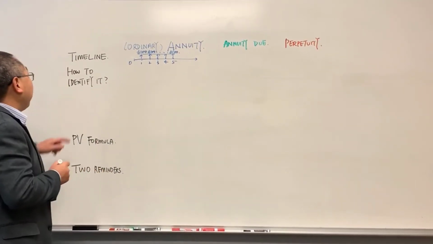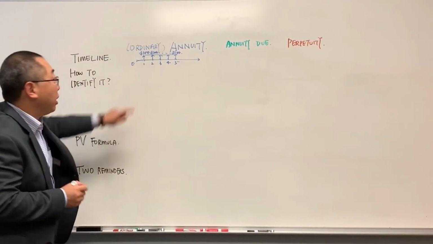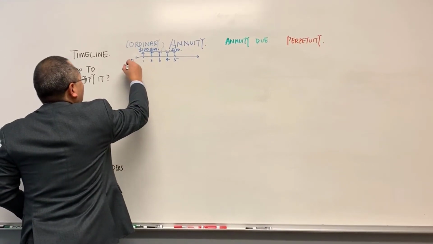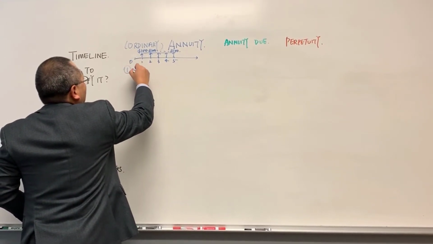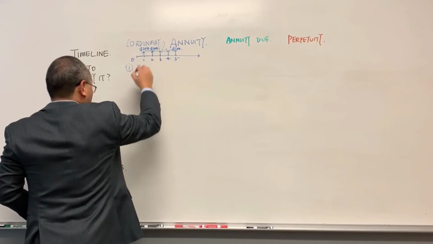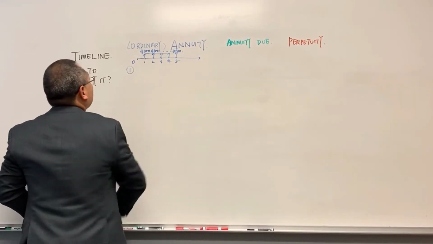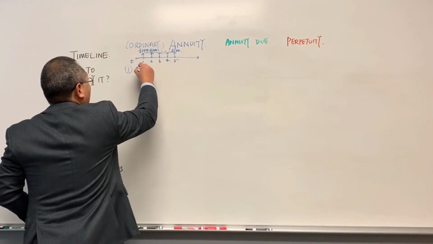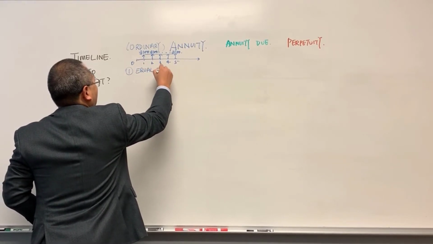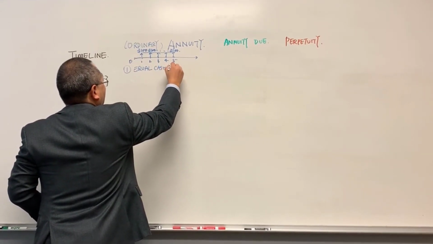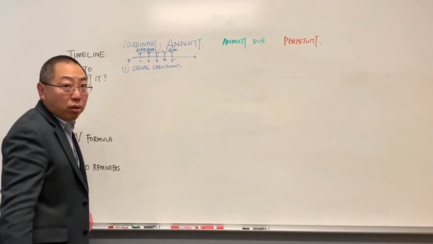How do we identify it's an ordinary annuity? Number 1, we'll have equal cash flows. What does the equal cash flow mean?